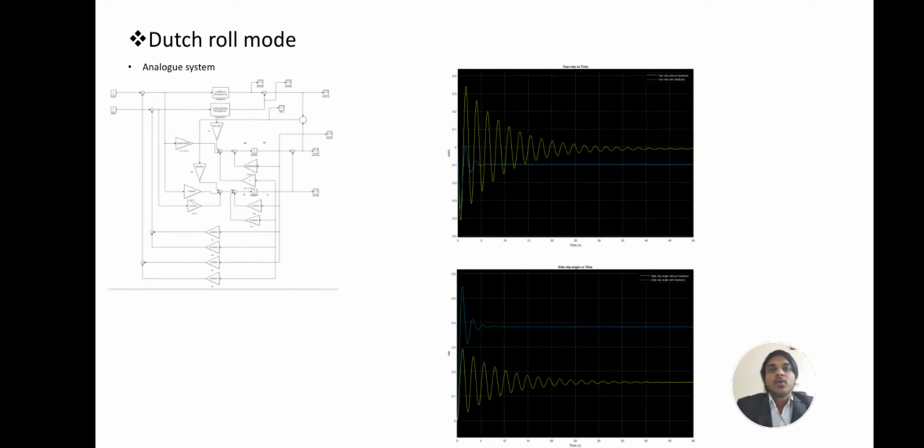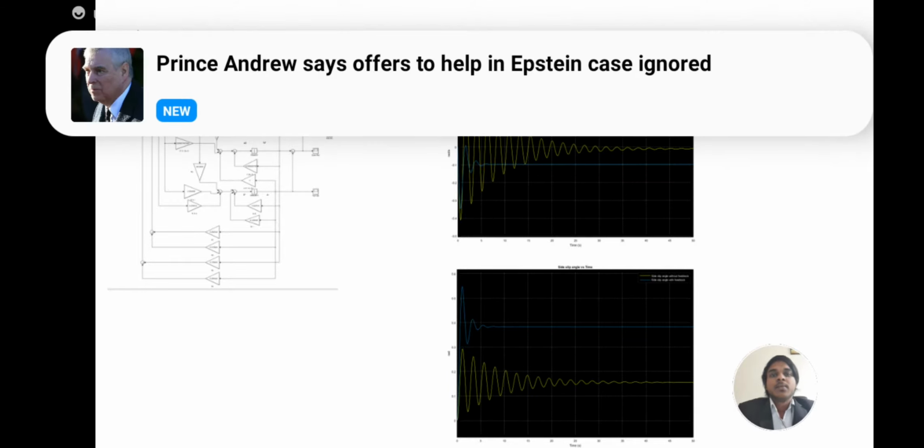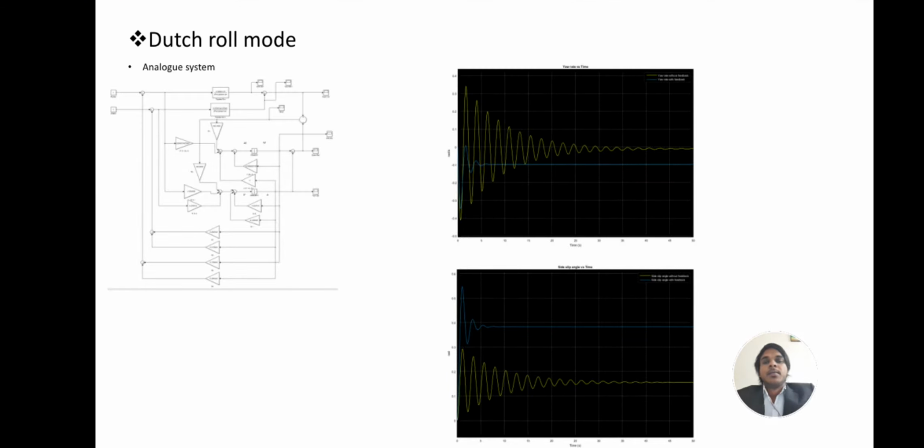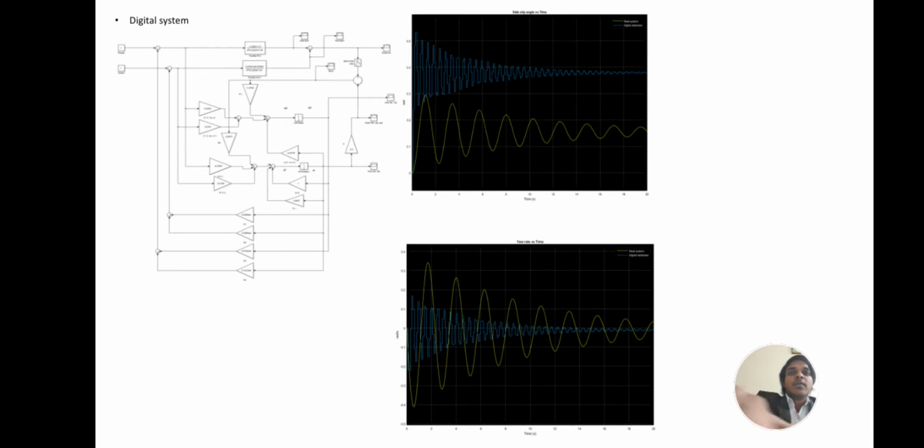Let's look at the Dutch roll mode stability augmentation system. Similarly, as the other two, an analog system was created to meet the required flying quality, and then a faster estimator and a digital system were created.